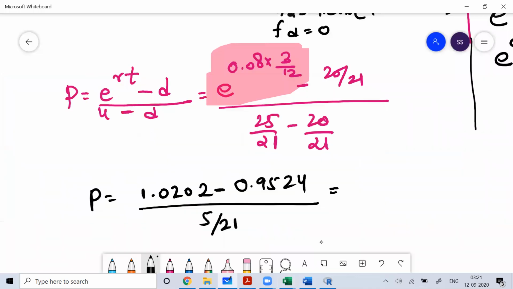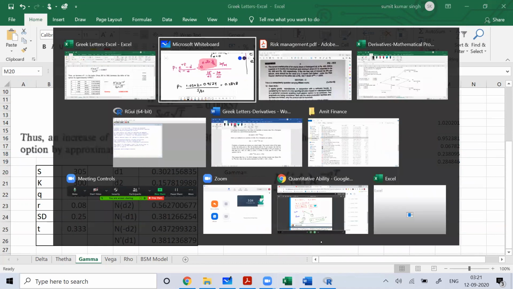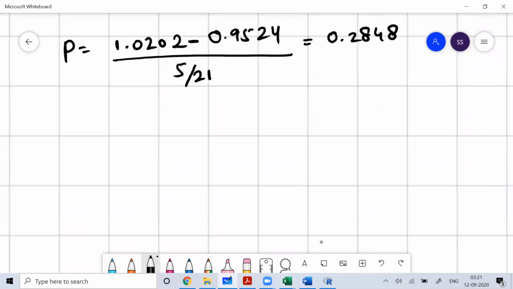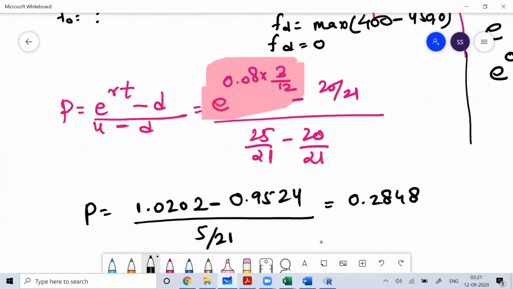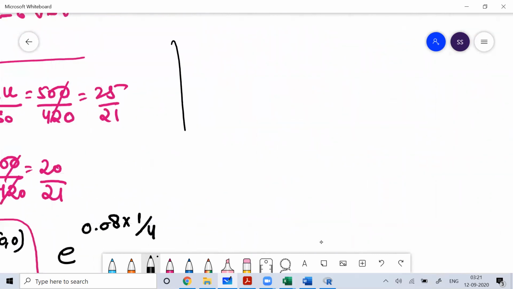So the p value I get is 0.2848. Then you can find 1 minus p also. Now the next thing: in the case of the binomial tree model, if you're good in basic maths, it's good.